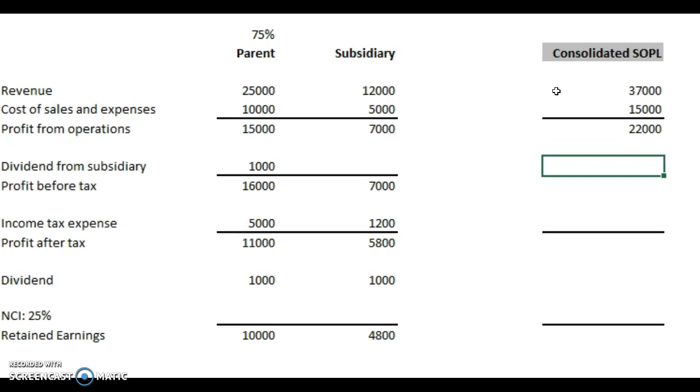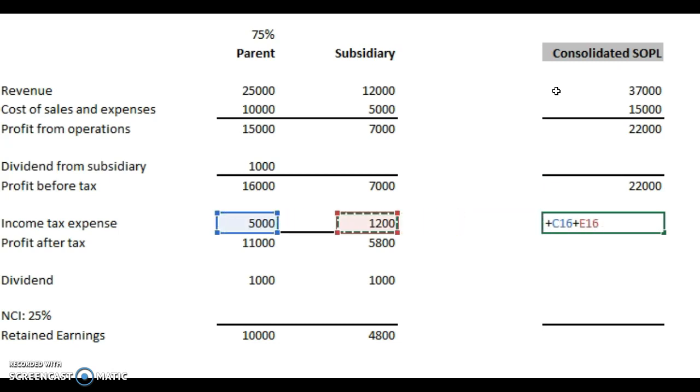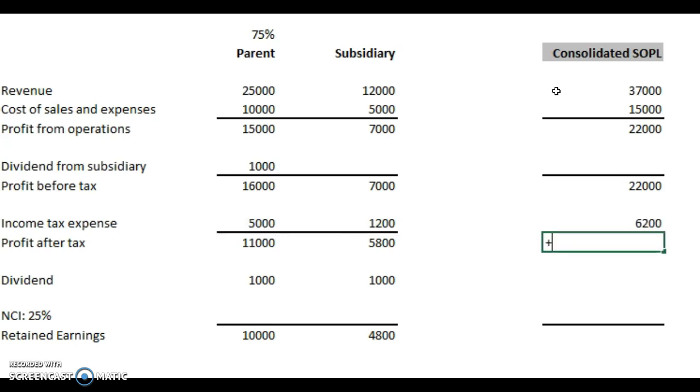The dividend from the subsidiary, well, we ignore that completely, and we're going to deal with that later, similar to what we did before. The profit after tax then is just still 22,000 because there's nothing to take off there. We add together, as before, the income tax expenses. 5,000 plus 1,200 gives us 6,200, which gives us exactly the same before, 15,800.